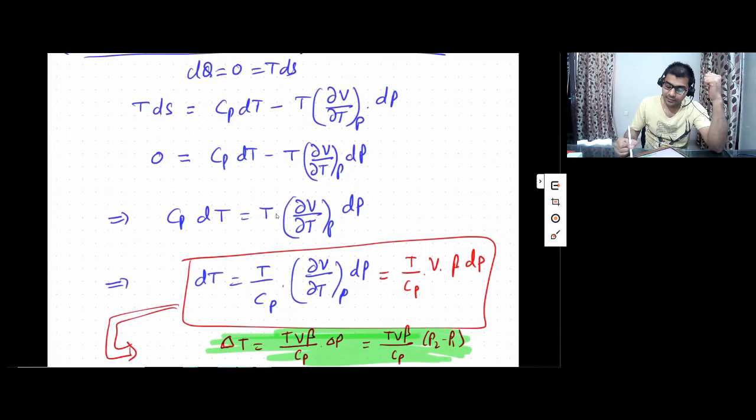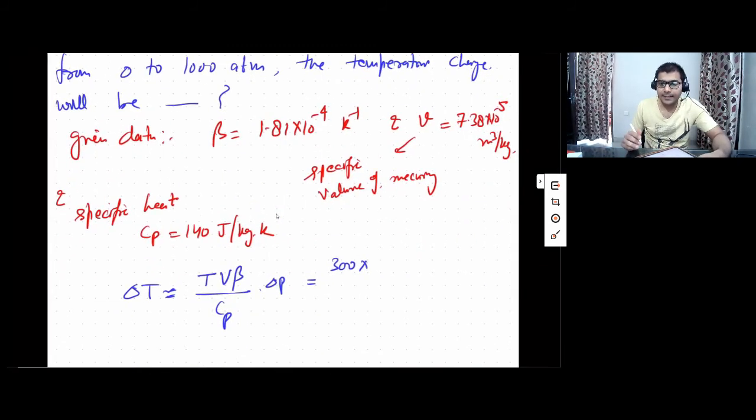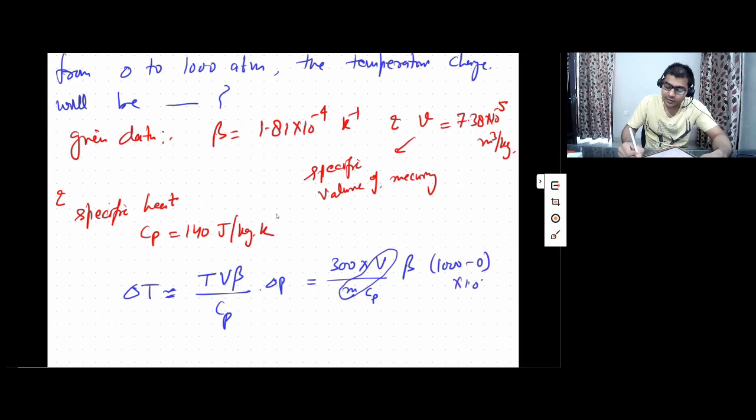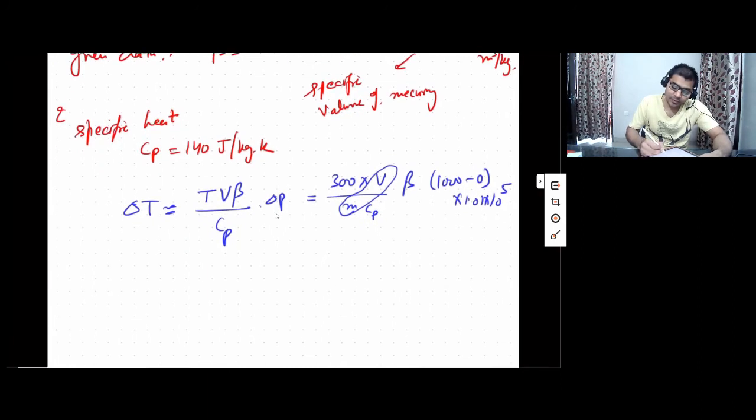But in the problem we have been given a specific volume and the specific heat. So Cp is actually mass times the small cp, the specific heat, and the volume upon mass makes it the specific volume, small v. We have beta as it is, and delta P is of course 1000 minus 0 atmospheric pressure, which converts into Pascal by multiplying by 1.01 times 10 to the power 5.